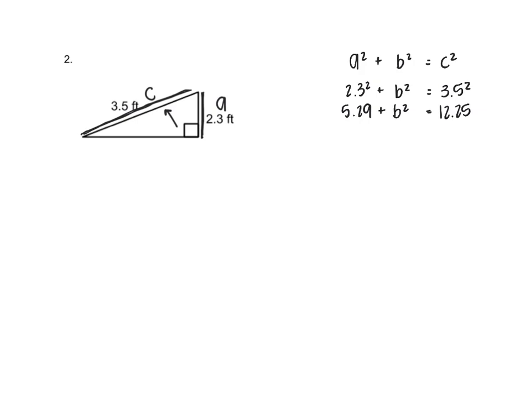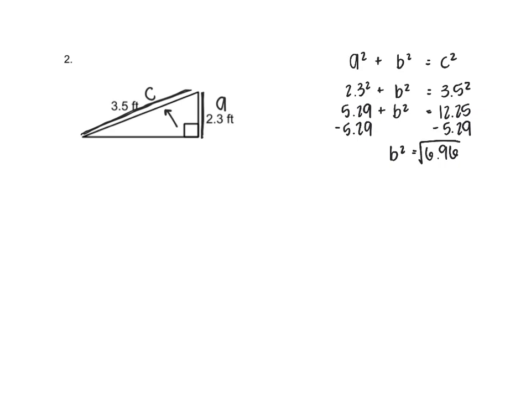Now it's an equation that we are able to solve, and we're just going to solve for b, not b squared. So we subtract 5 and 29 hundredths from both sides to isolate our variable. And when we do that, we get b squared equals 12.25 minus 5.29 gives us 6.96.